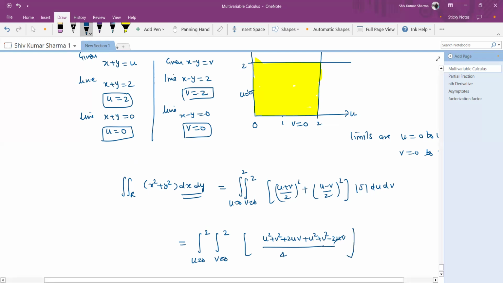So 2uv and minus 2uv cancel. The Jacobian value is minus 1 by 2, times du dv.